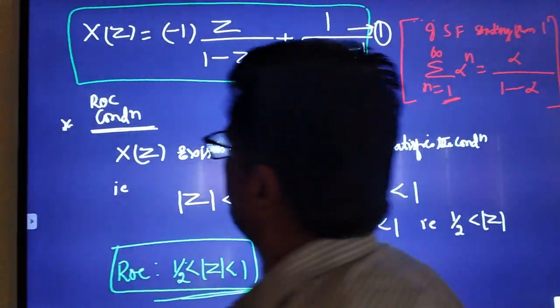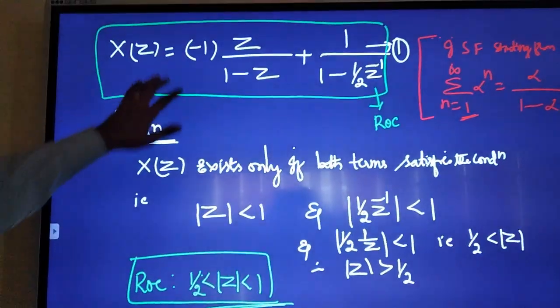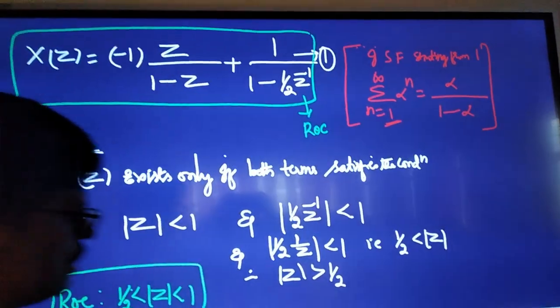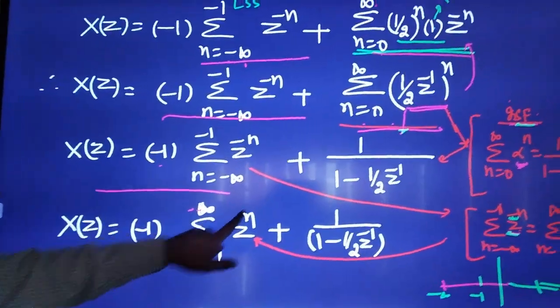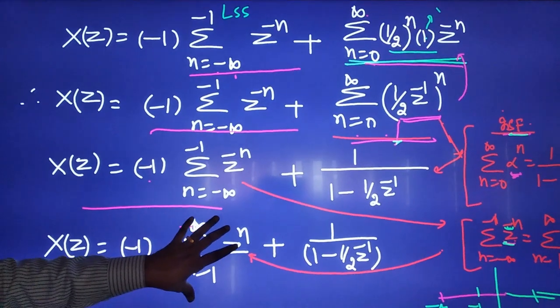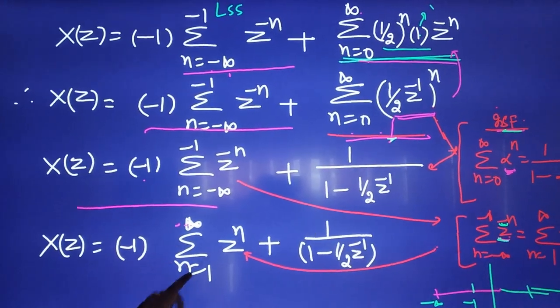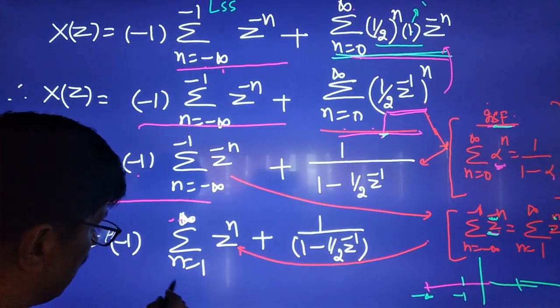Next, you will get the z transform and ROC. X of z is equal to, now see this, one more formula is there for 1 to infinity, z to the power n. It is the infinite sum formula.